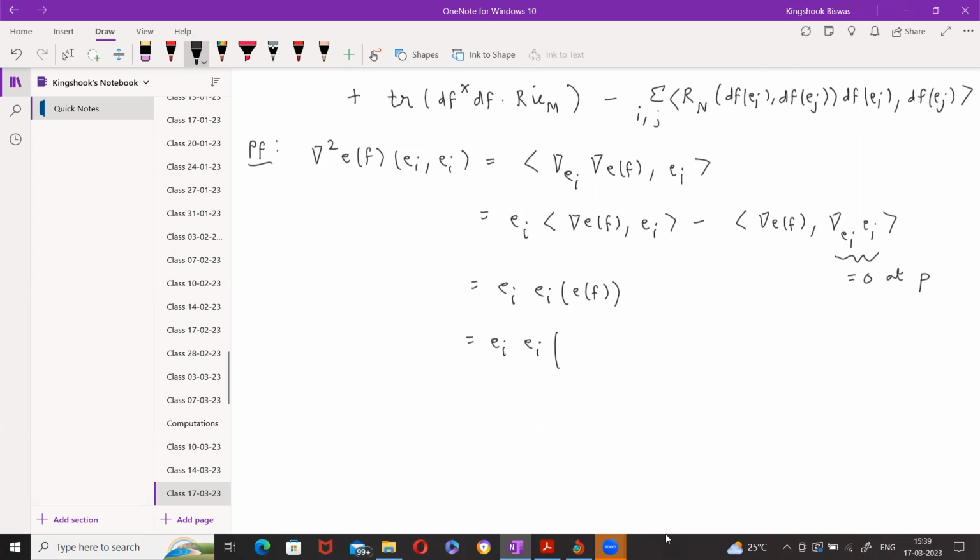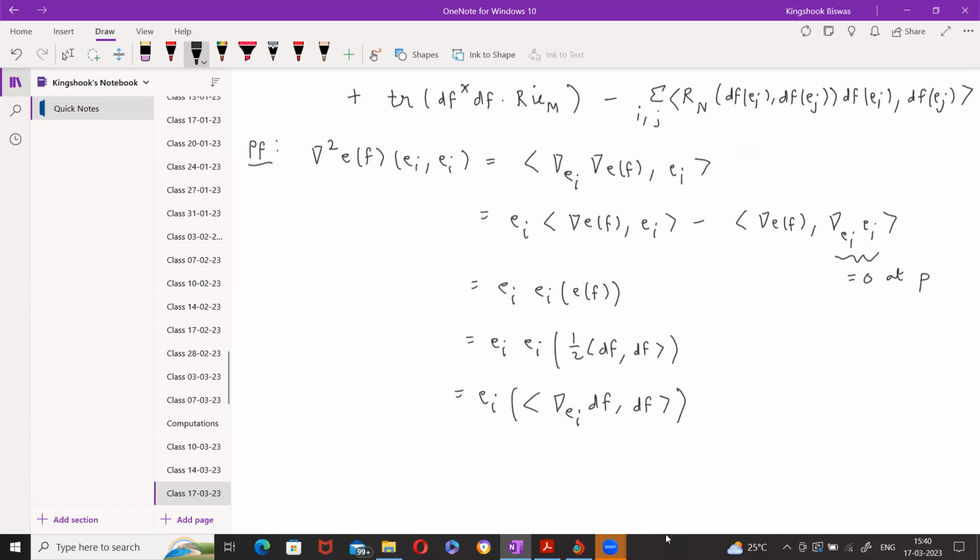Now, what is the energy density? It's half the inner product of df with df. So e_i acting on this inner product, by metric compatibility on the induced tensor product bundle, will give you 2 times the inner product of nabla e_i df with df. So the 2 and the half will cancel, and you'll get the inner product of nabla e_i df with df.